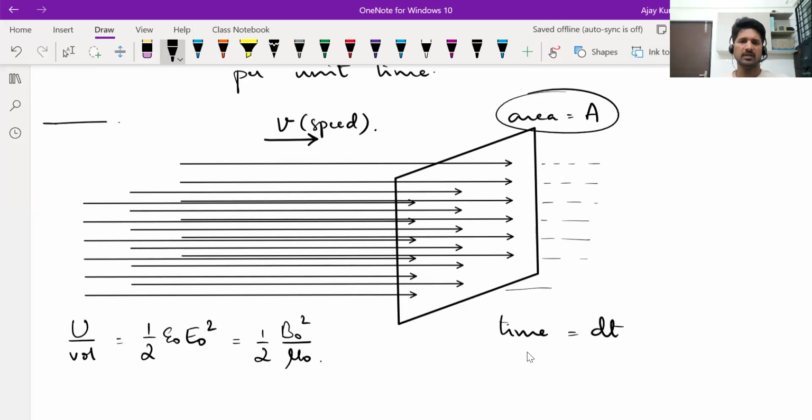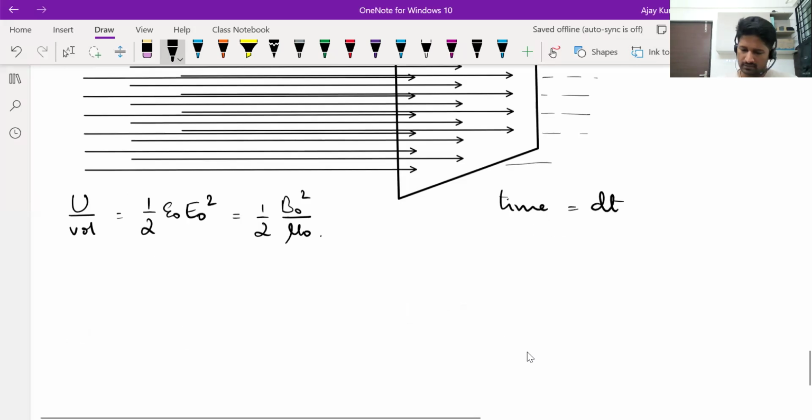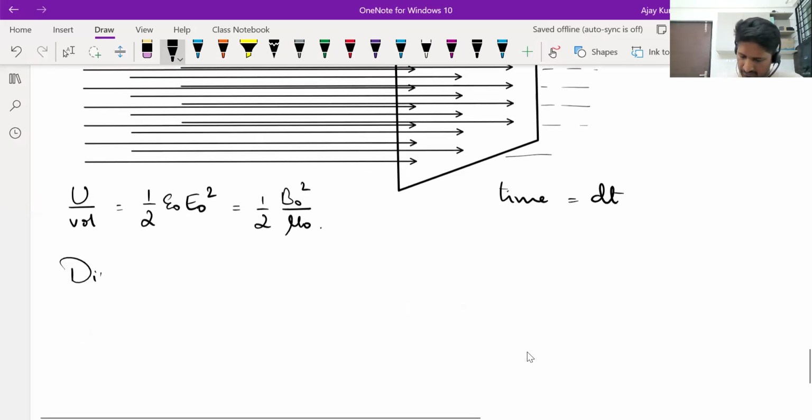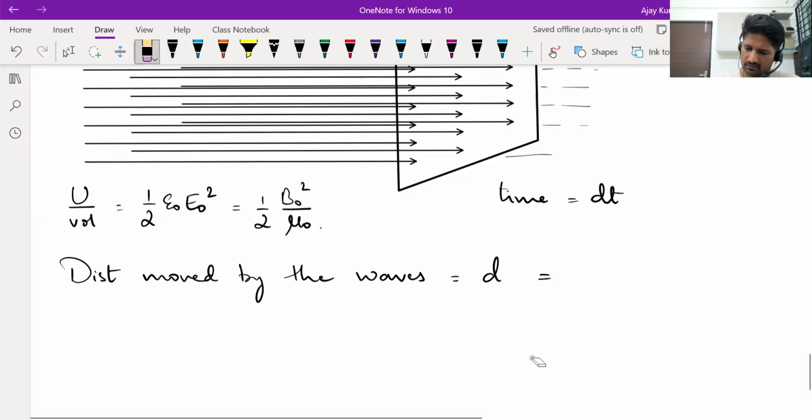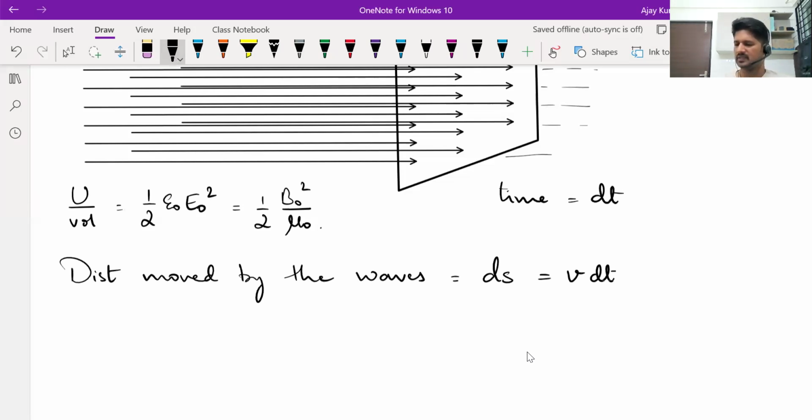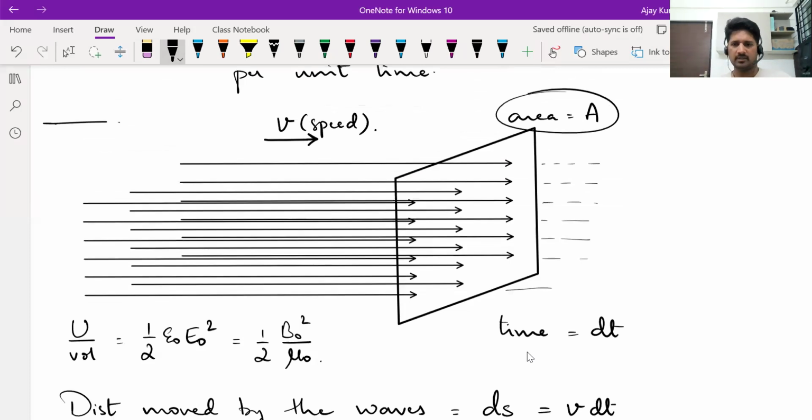In this short time interval dt, the waves will travel forward by some distance, a small distance dx, or ds you can also write it, not a big deal, which is speed multiplied with time.